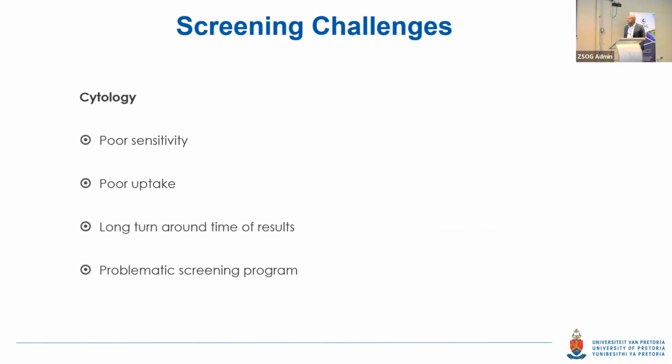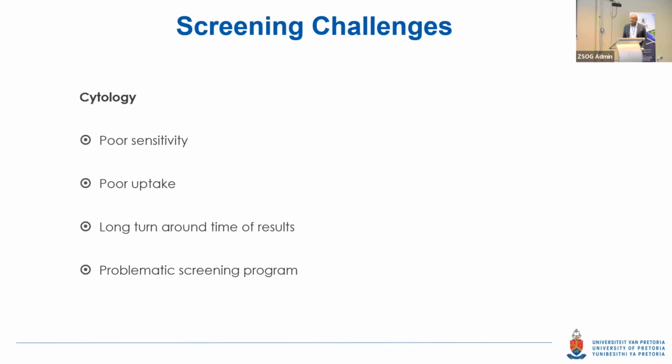At the level of prevention, we also have screening in the form of cytology. For the longest time, we've been using cytology, that is pap smear, to screen our women. But we also have challenges. Cytology is of poor sensitivity, and you run a risk of missing disease when you use pap smear.